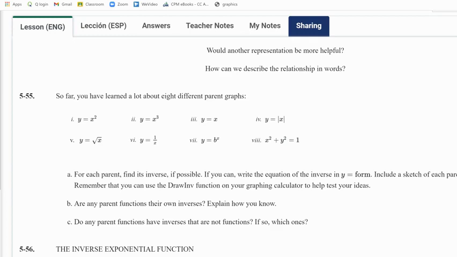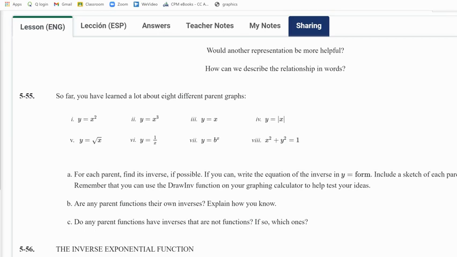Okay, so you should have completed 55, A, B, and C. For 55A, you can go ahead and look at the answers posted on my website. For part B, it says, are any parent functions their own inverses? The answer is yes. You should have gotten that the line, the rational function, and the circle end up being exactly the same.